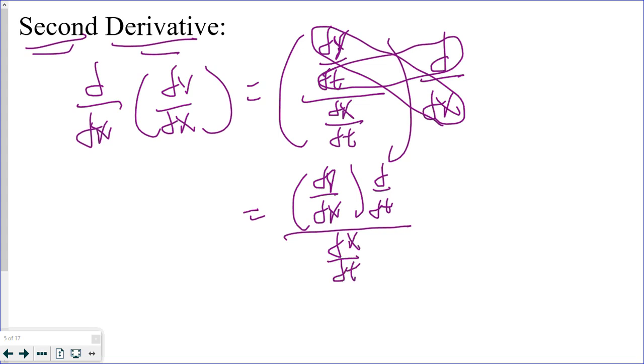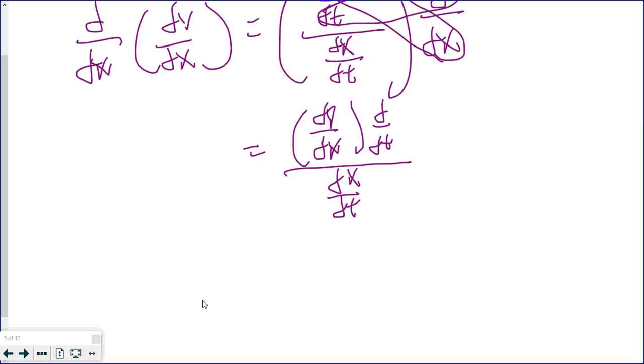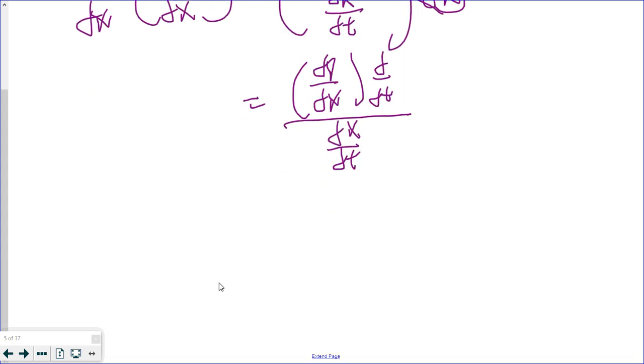So that's the notation, but I think it helps to describe it a little bit.